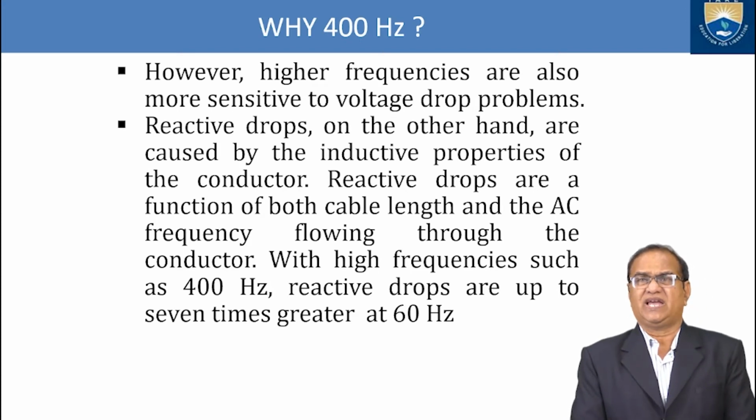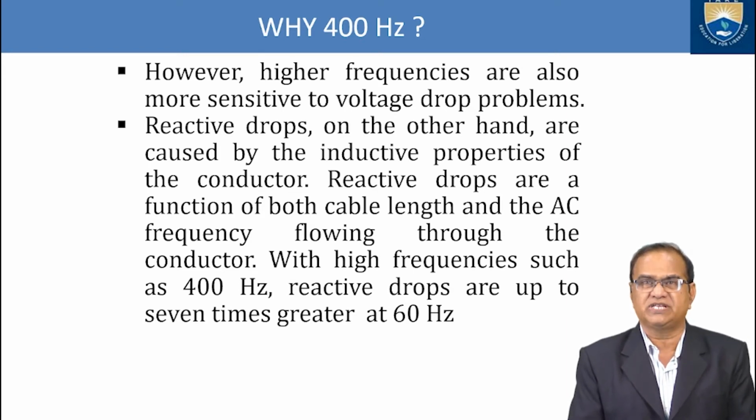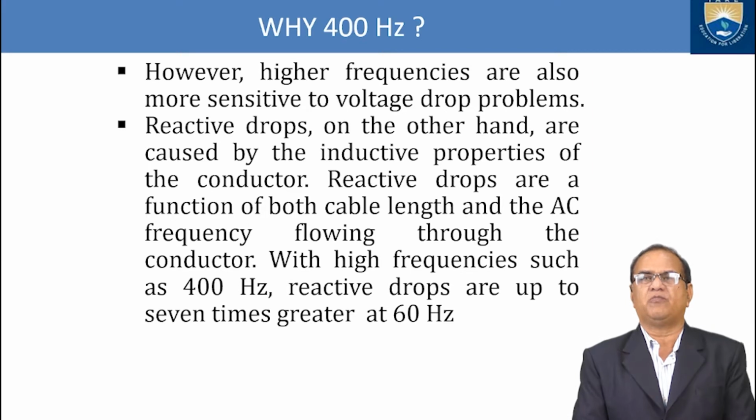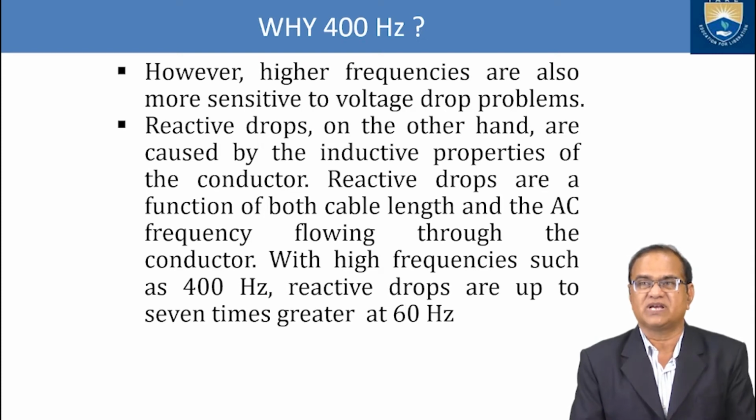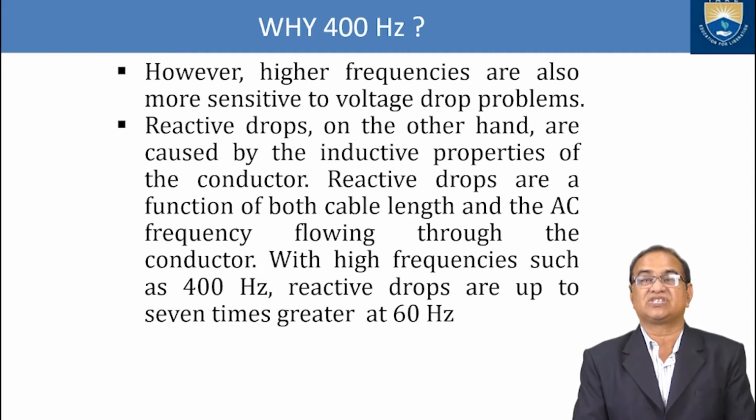Reactive drops, on the other hand, are caused by the inductive properties of the conductor. Reactive drops are a function of both cable length and the AC frequency flowing through the conductor. With a high frequency such as 400 Hz, reactive drops are up to 7 times greater than at 60 Hz.